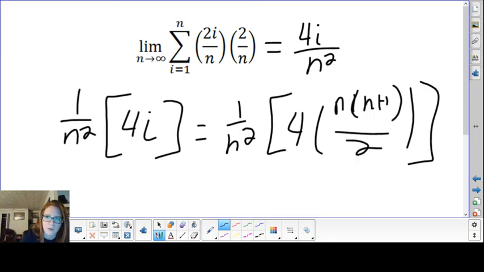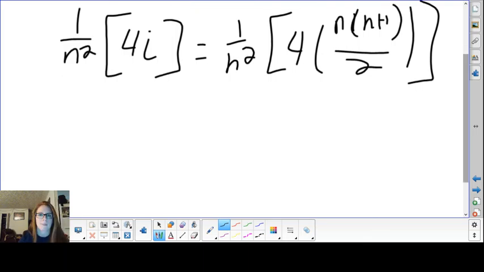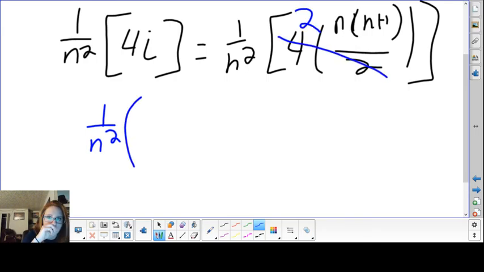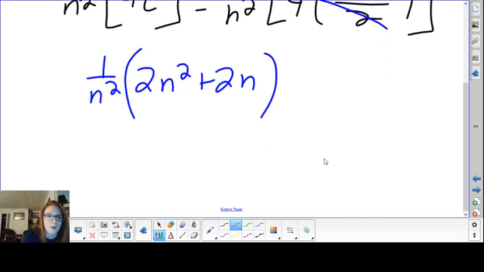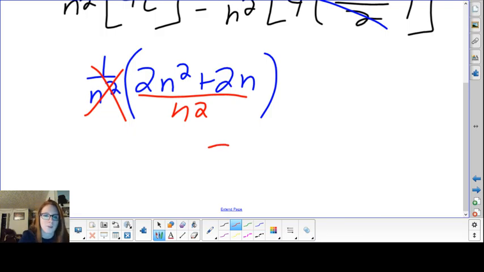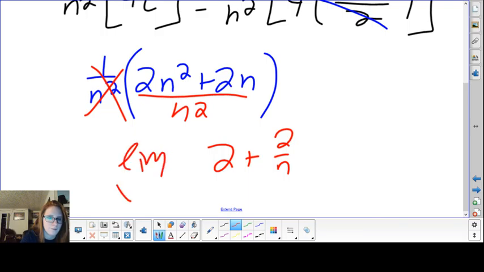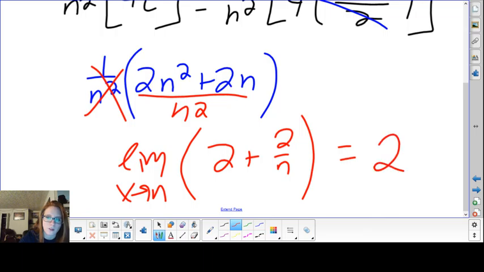Again, no constants to add. So I have 1 over n squared. 4 and 2 cancel, which means I'm going to just multiply through a 2. So I have 2n squared plus 2n. We're going to go ahead and divide by n squared. That gives me 2 plus 2 over n. And again, since I'm taking the limit of this, my answer here is just 2.